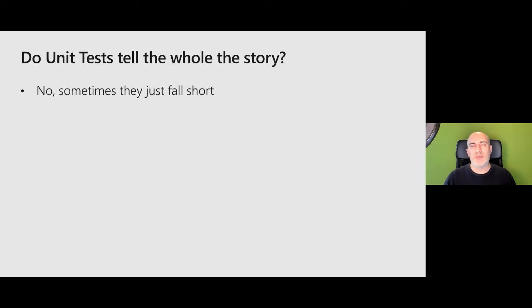And this might be for a number of reasons. One main reason is that with unit tests, we tend to mock all of our dependencies. So as long as our mocks behave exactly the way the actual classes will, my test will be realistic. But there could be chances where this is not the case.